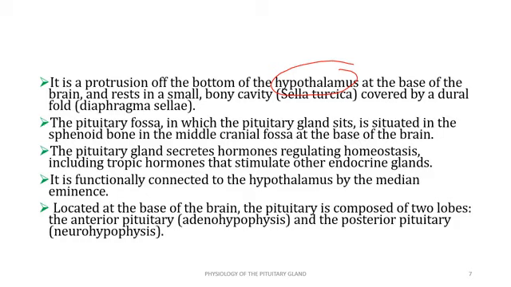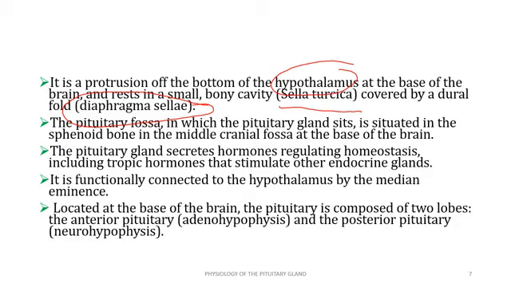The pituitary fossa is covered by the dura. Do you remember the brain is surrounded by the pia, the arachnoid, and the dura? The part of the dura which covers the pituitary fossa is known as the diaphragma sellae, while the pituitary fossa is sometimes known as the sella turcica.